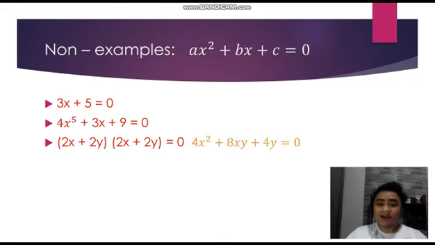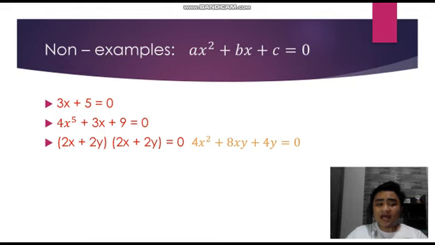What about the non-examples of a quadratic equation? The first non-example is 3x plus 5 equals 0. It is not a quadratic equation because there is no exponent of 2. The second is still not a quadratic equation.